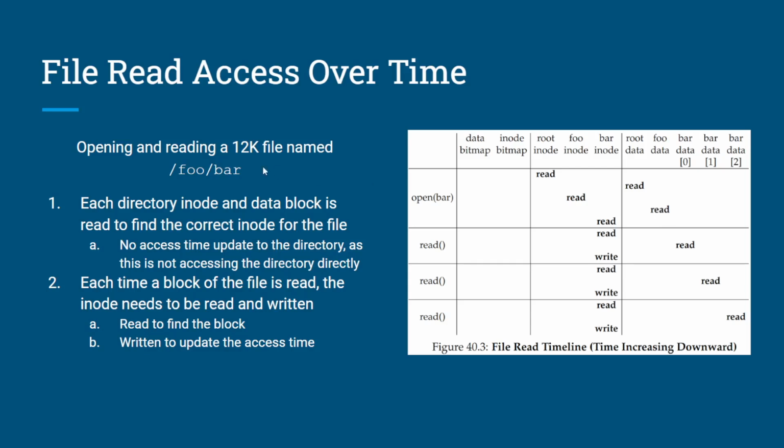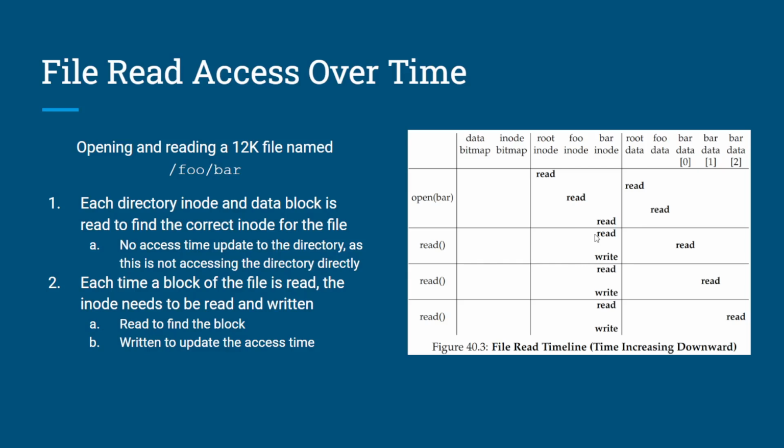So now the foo directory has been read, and we can search the foo directory for a file named bar. When bar is found in the foo directory, there's an inode, and we can read that inode now. This is just simply the open operation for a particular file.